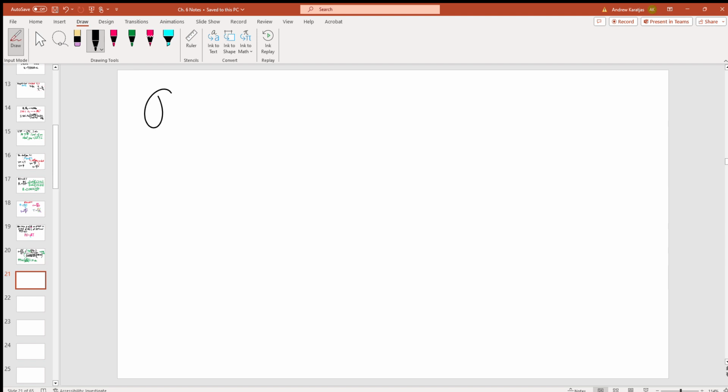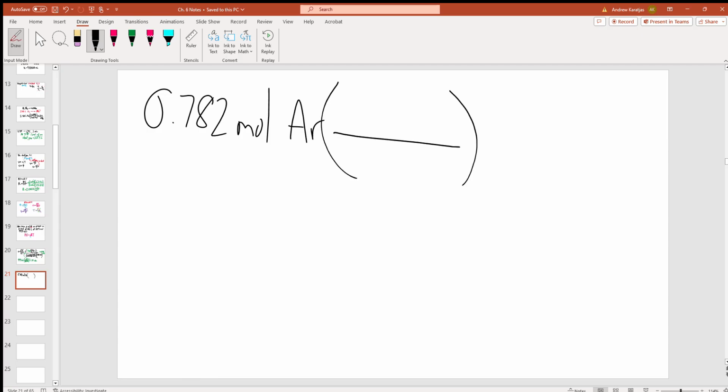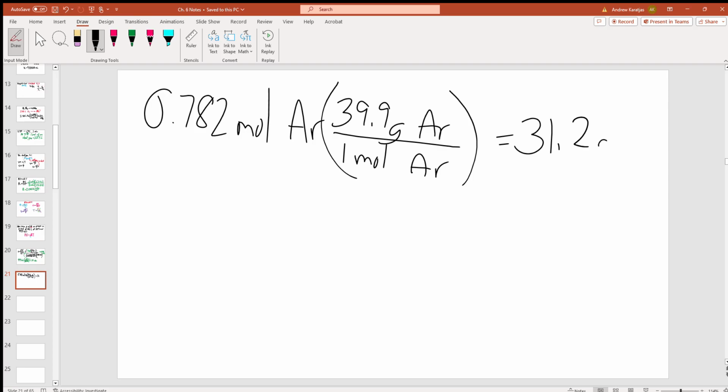So finally, we can take those moles, 0.782 moles of argon, and just do a moles to grams calculation. So 1 mole of argon is 39.9 grams, or 31.2 grams of argon.